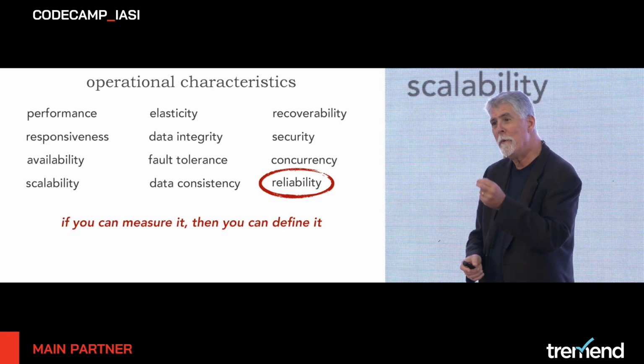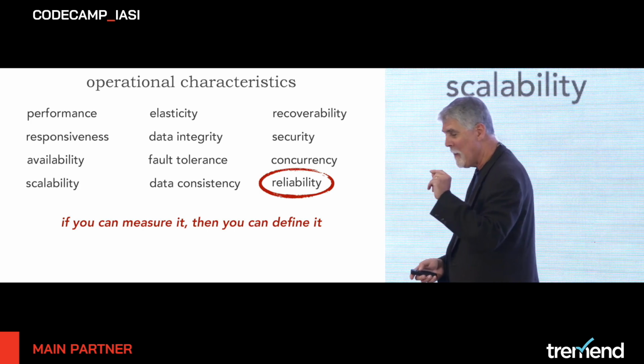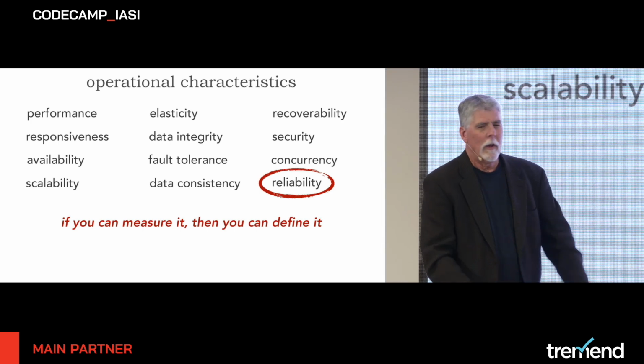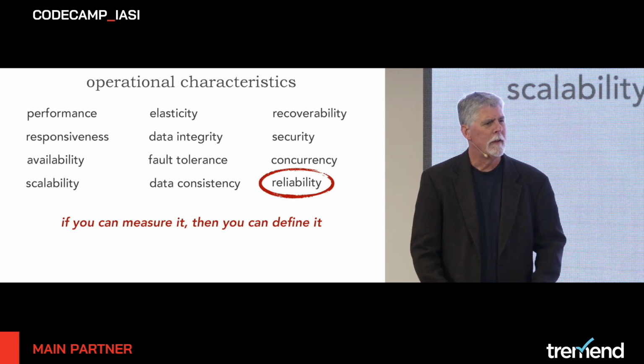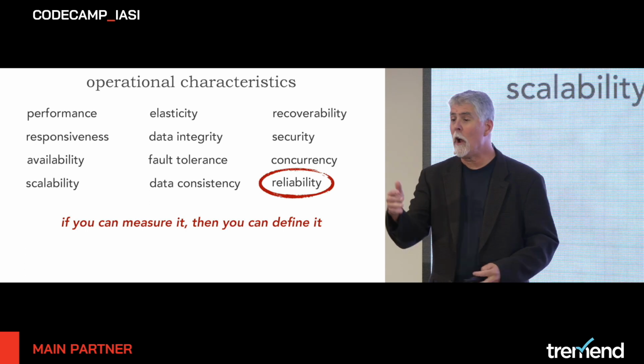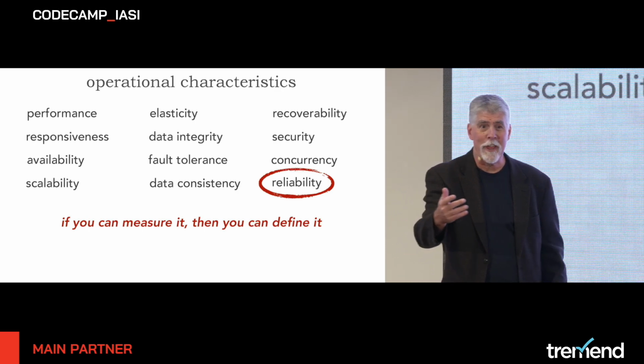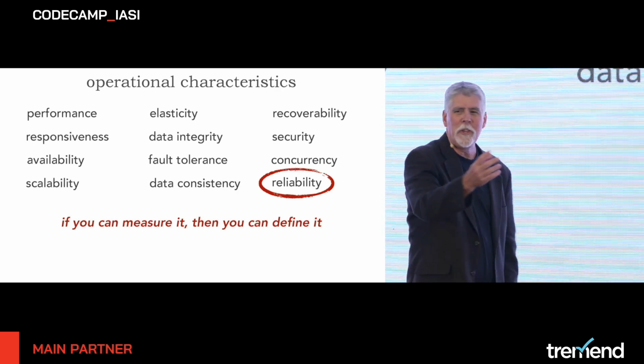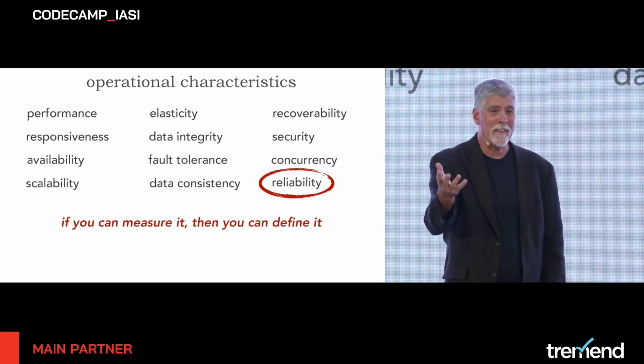So let me give you a little trick and tip about this. So, what's reliability? We use it all the time. We usually say our systems need to be reliable. You and I know what that means.